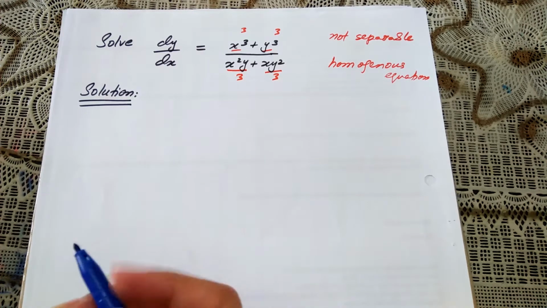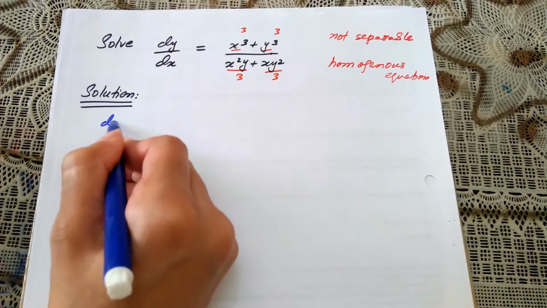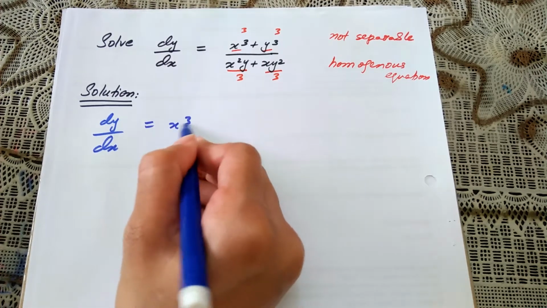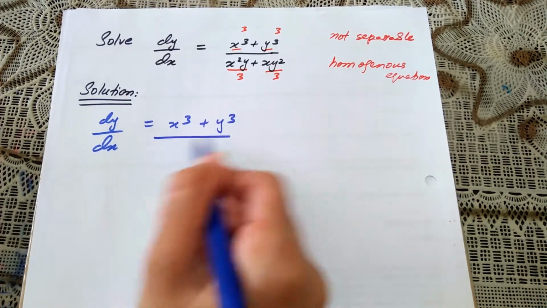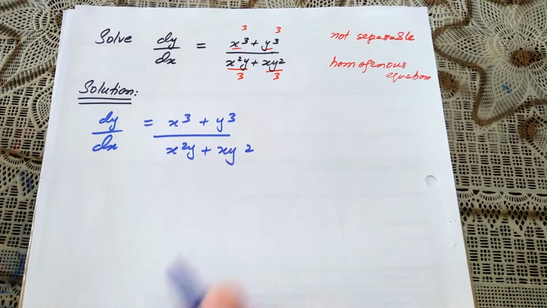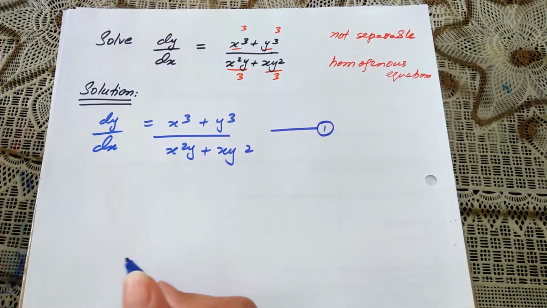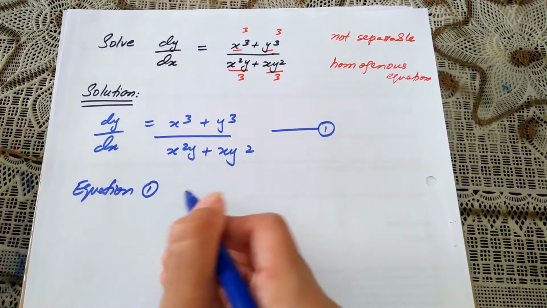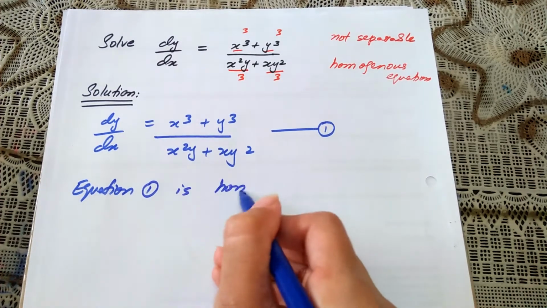For example, you are given the differential equation dy/dx equals (x cube plus y cube) divided by (x square y plus xy square). Name it equation number 1. Equation 1 is homogeneous.